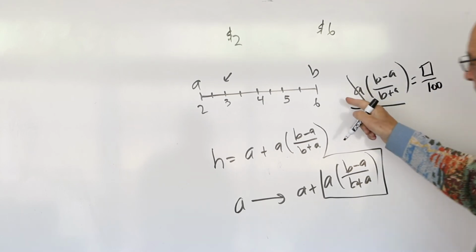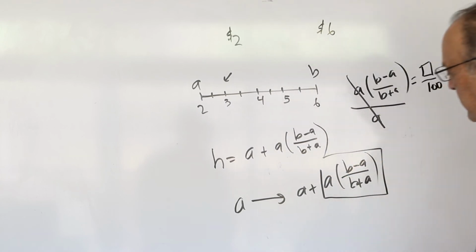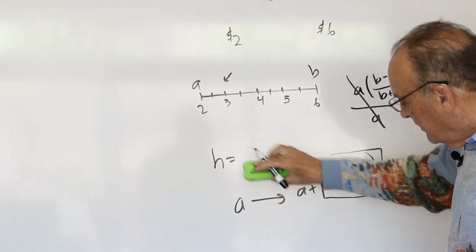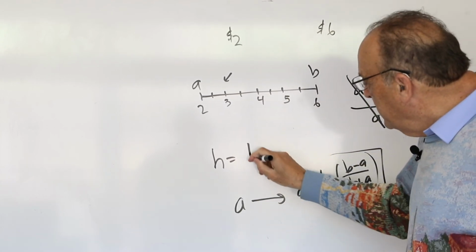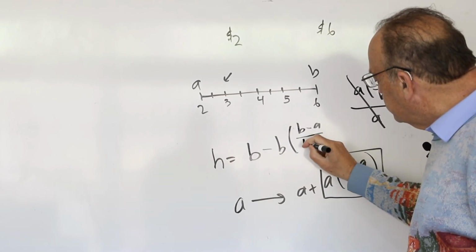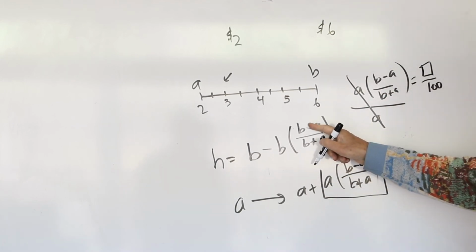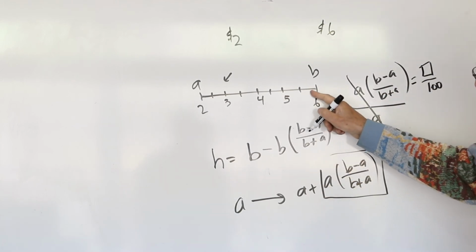Now what about when you're going the other direction? So now the harmonic mean is also B minus B times B minus A over B plus A. So just to review, B minus A over B plus A is the length of each space.